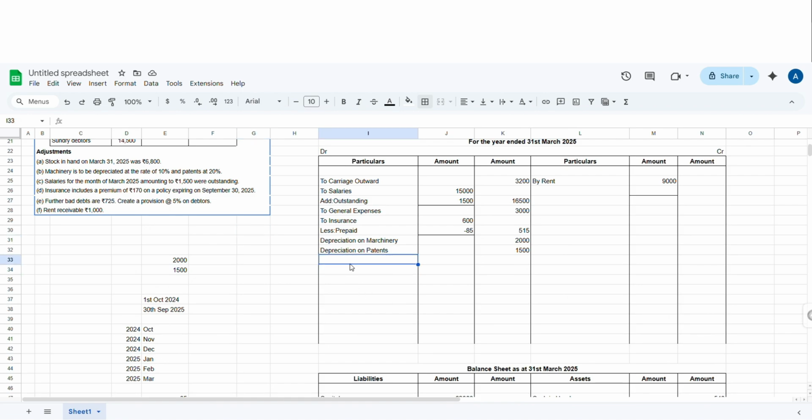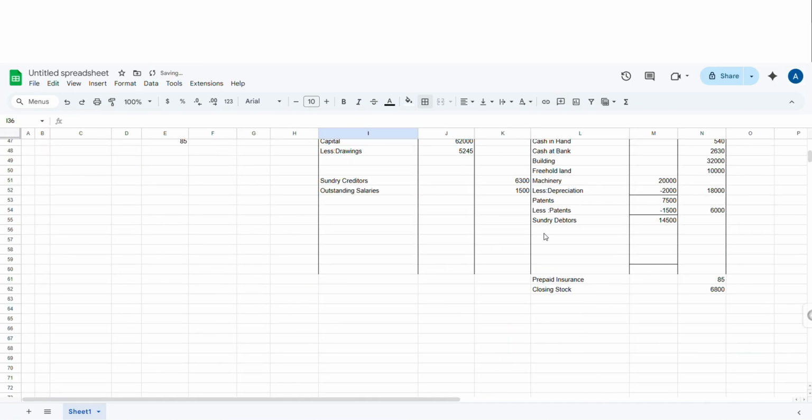So in the profit and loss account debit side, future bad debts 725, and from debtors we have to deduct it because it is related to the next year.